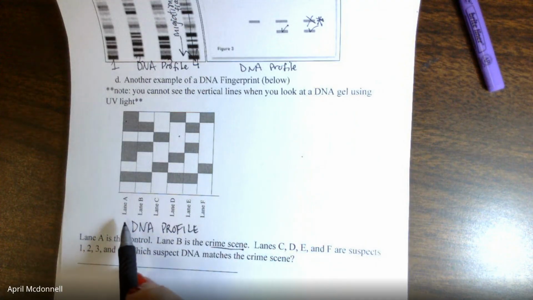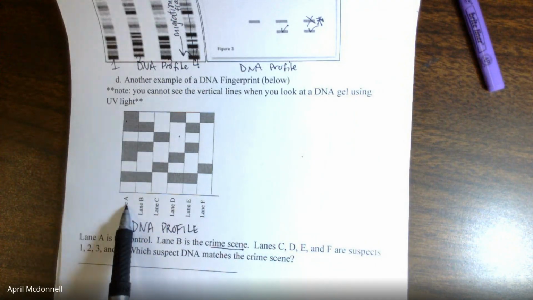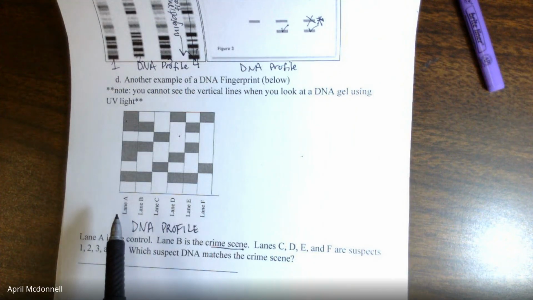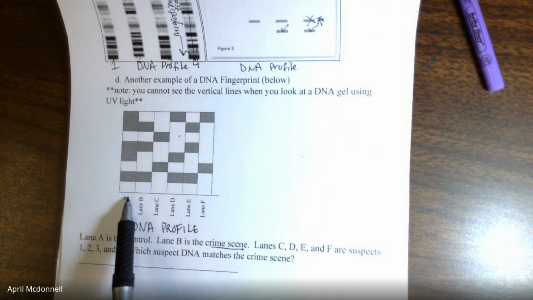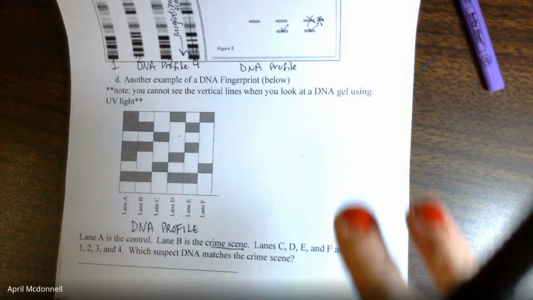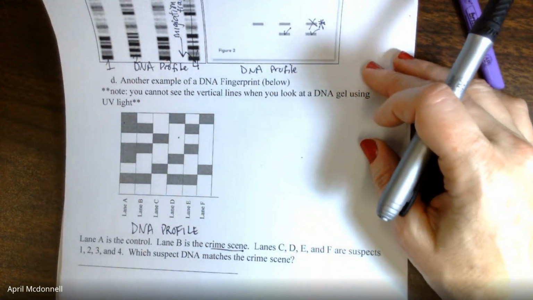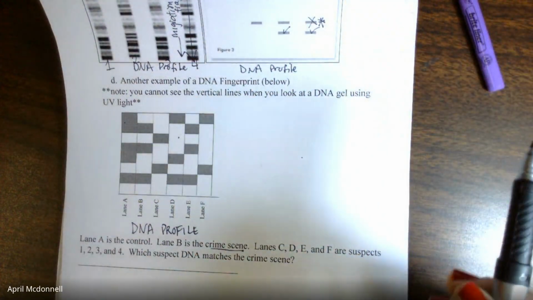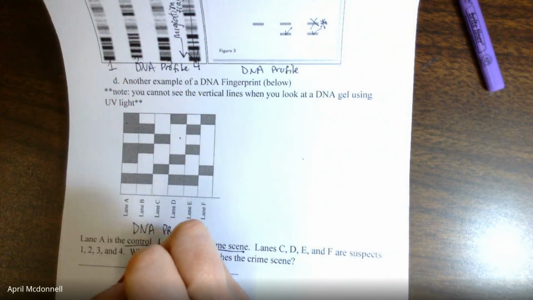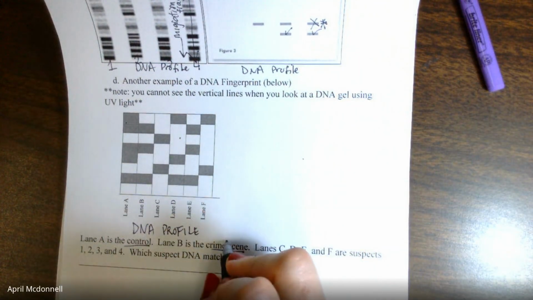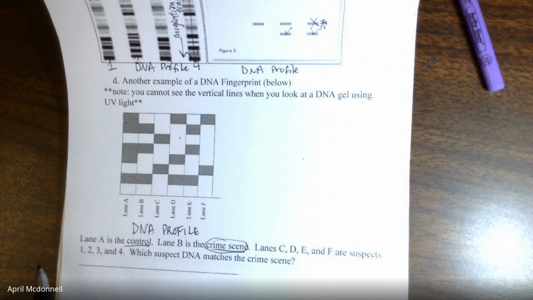So it says lane A is the control. Oftentimes, when a gel electrophoresis process is done, we have a control entered into the first lane in order to make sure the process is working effectively. Lane B is the DNA that was isolated and processed from the crime scene.